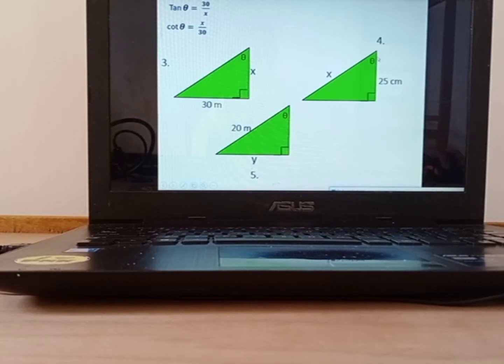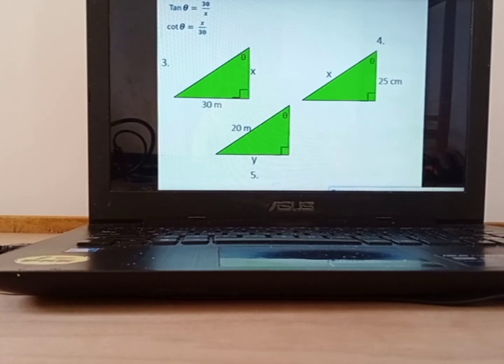So we have here, beside this is our angle theta. So beside our angle theta is 25 centimeters. Therefore, this is our adjacent leg. And this is our hypotenuse, which is x. So our given is adjacent and hypotenuse. Therefore, if we recall the SOHCAHTOA, the trigonometric ratio we will have to use is the cosine function.